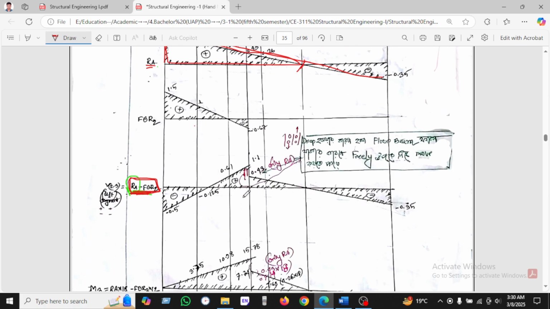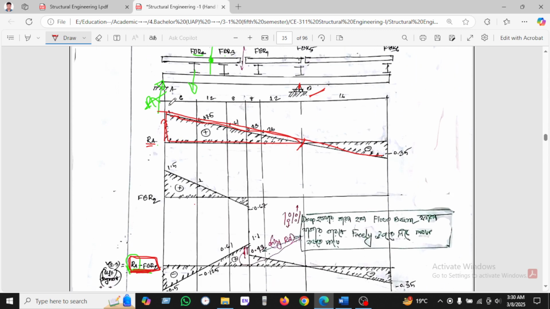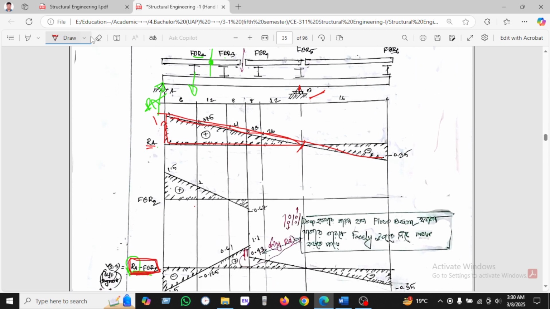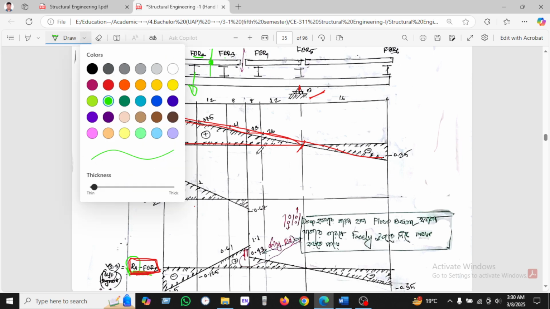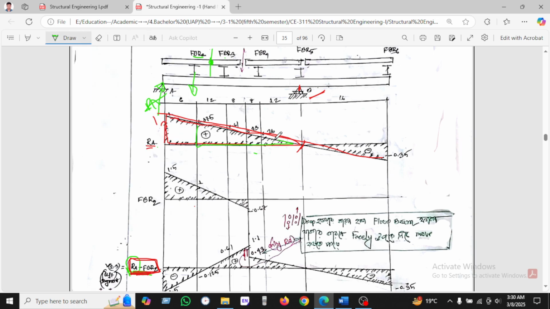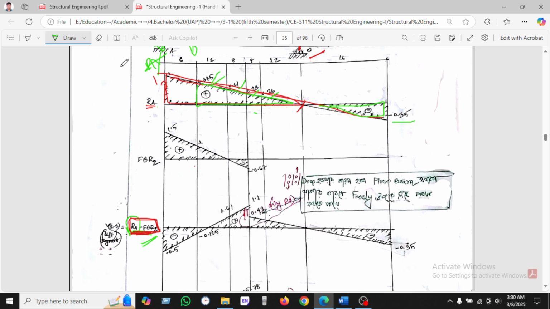So I'm just using this similar triangle equation, and then we will find this value by comparing the triangle. This will be 0.875, 0.51, 0.43, 0.26, and by also comparing the similar triangle, it is 0.35.